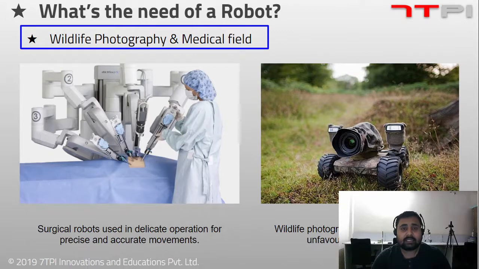So what the doctor did was, he sat in Singapore and operated the Da Vinci machine from there, and the open heart surgery was performed in Chennai AIIMS. As a result, the patient was successfully saved. So it's a very major application in the field of medicine.